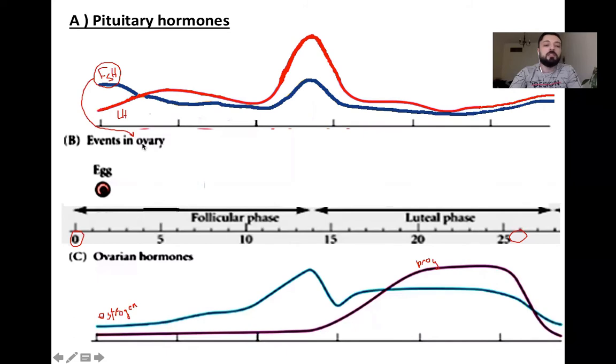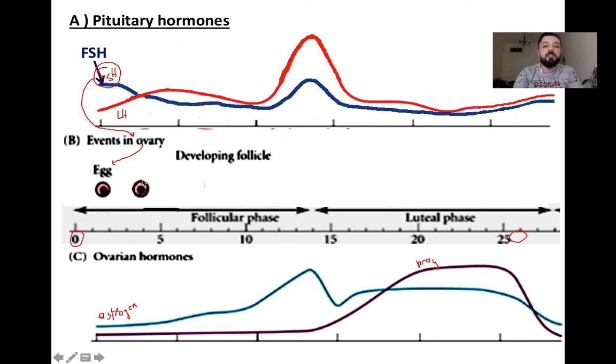As the FSH reaches the ovary, the ovary will start developing the follicles.